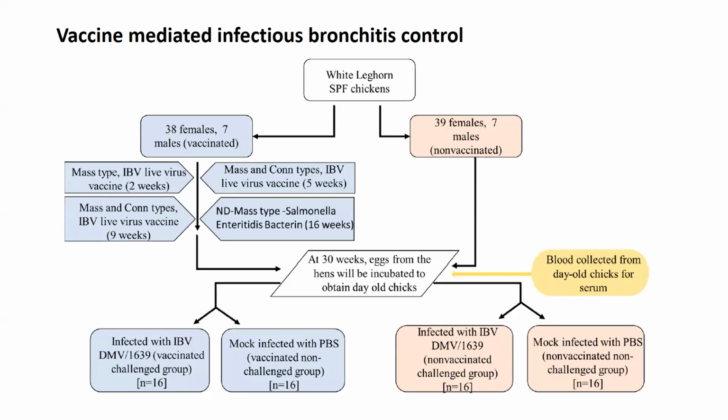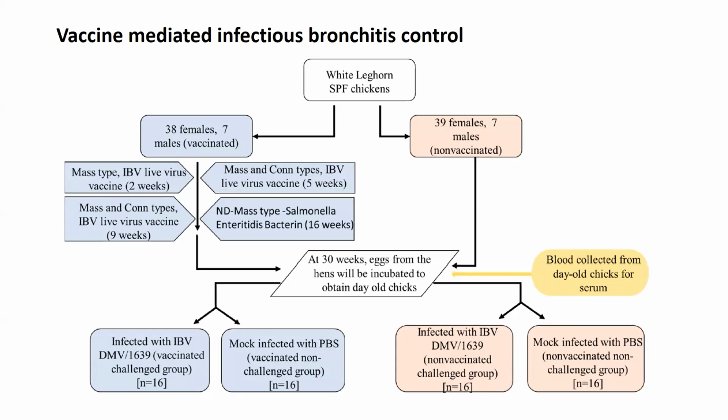So we did a kind of a breeder study. We vaccinated the layers, then we waited until they lay the eggs with a control, and then we collected the eggs coming from the vaccinated birds and the eggs coming from the unvaccinated birds, and we hatched them, got their progeny, and used them for the experiment.